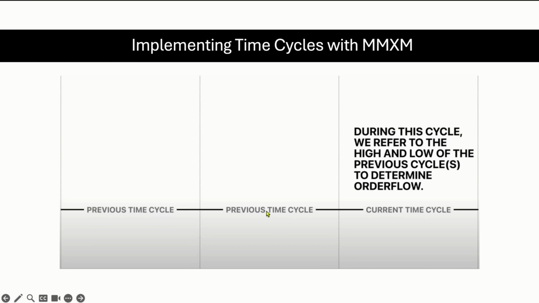You can put in a previous 90-minute cycle, you can put in a previous session, you can put in, let's say, a previous day, or you can put in a previous week, a previous month, a previous year, whatever. If you study how these time cycles are being respected consistently and how the market moves from range lows to range highs or from range highs to range lows, you are going to see what I'm about to share with you.